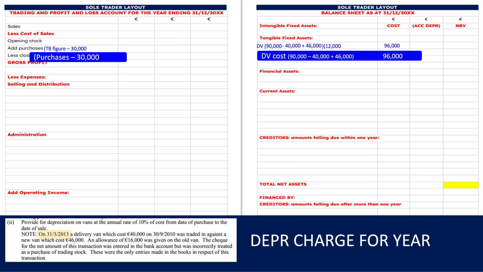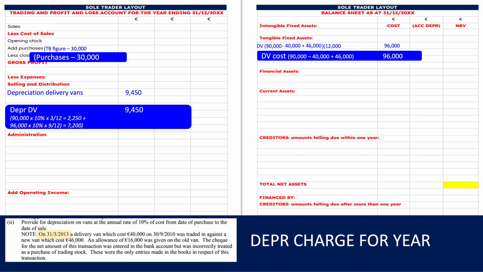So for the first 3 months of the year, we had €90,000 worth of vans, and the last 9 months we had €96,000 worth of vans. So 90,000 by 10%, which is the depreciation charge, by 3 over 12 is 2,250, and then we have 96,000 by 10% by 9 over 12 is 7,200. So altogether there, 9,450 depreciation on delivery vans.